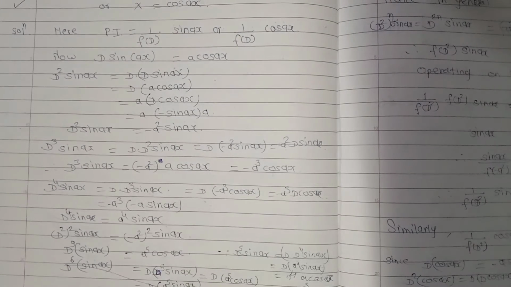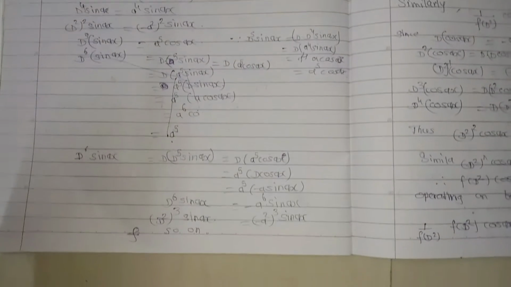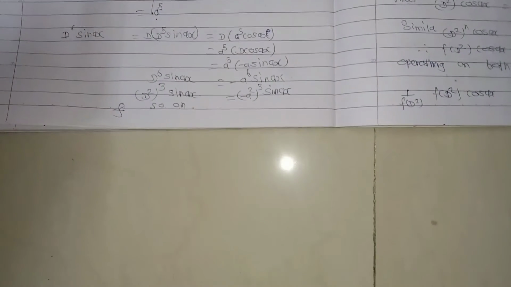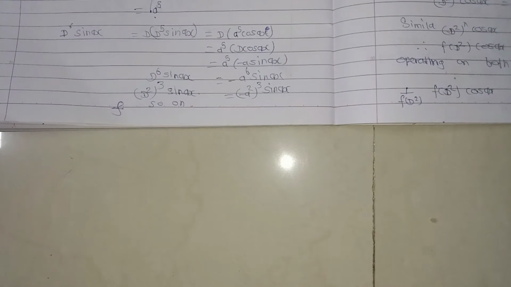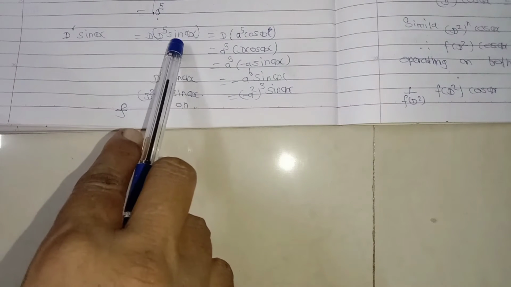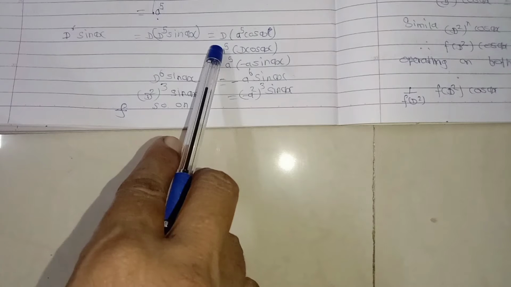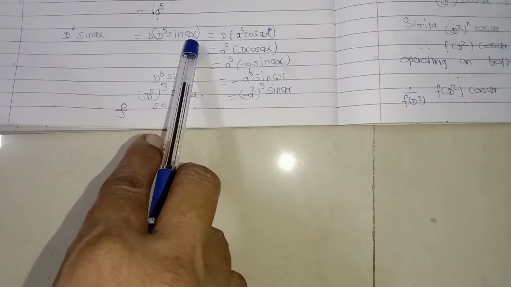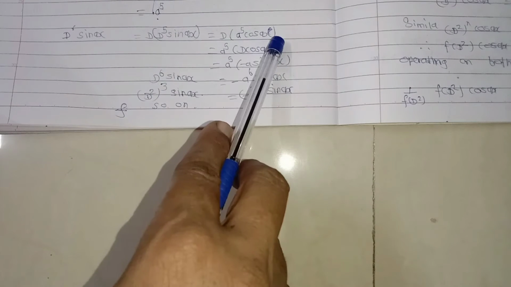Then we find D raised to 6 sin(ax). D raised to 6 sin(ax) equals D into D raised to 5 sin(ax), which is D into a raised to 5 cos(ax).